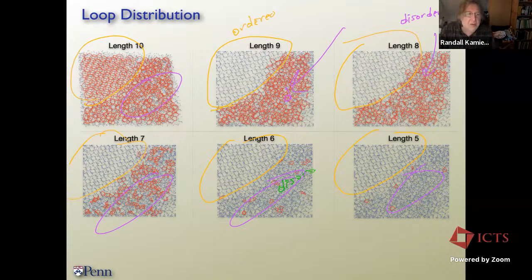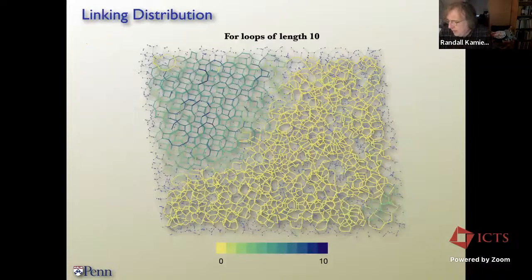In the disordered region, you don't have to take 10 steps to get back to where you started. You can take only 8 steps, or 7 steps, or 6 steps, sometimes even 5 steps. So you have much shorter loops now, which is somehow saying that one of the two networks have hooked onto each other and made shortcuts and short circuits to go from one to the other.